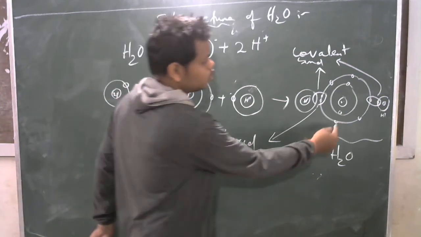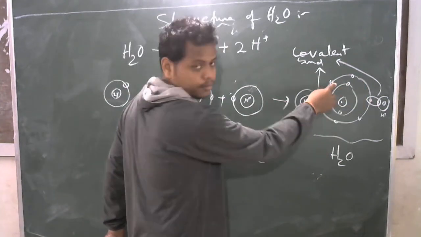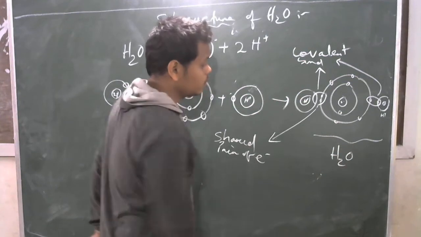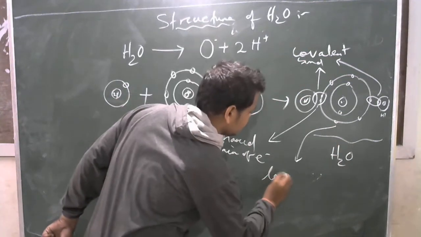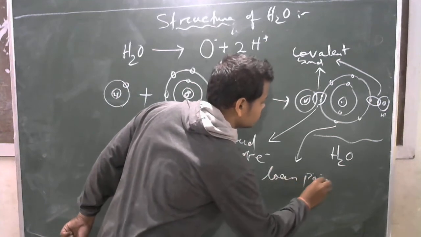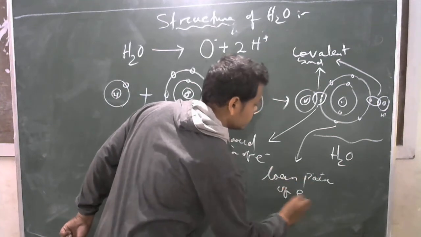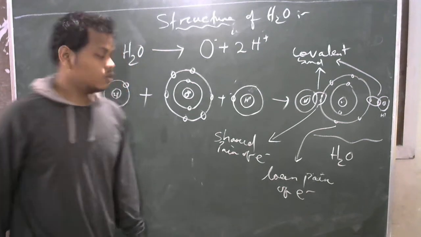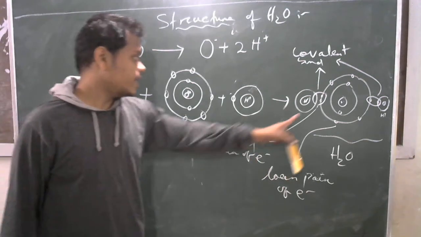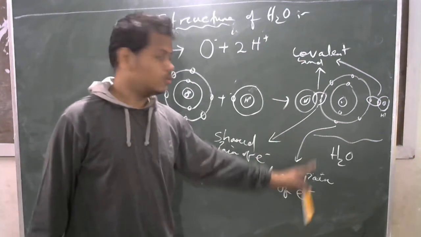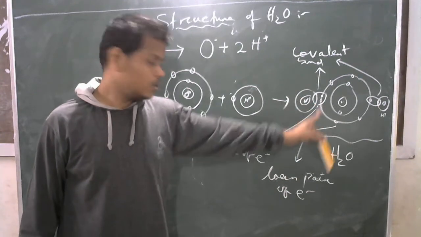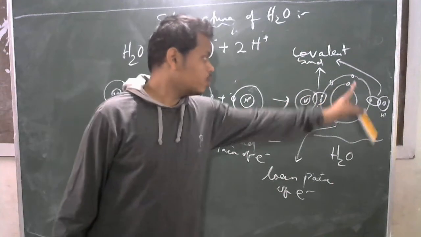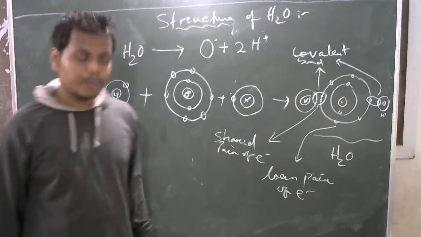And those electrons which are not shared and are free for further bonding are called the lone pair of electrons. Getting my point on shared pair and lone pair of electrons? Shared pair of electrons already form the bond, and those electrons which do not form any bond are called lone pair of electrons.